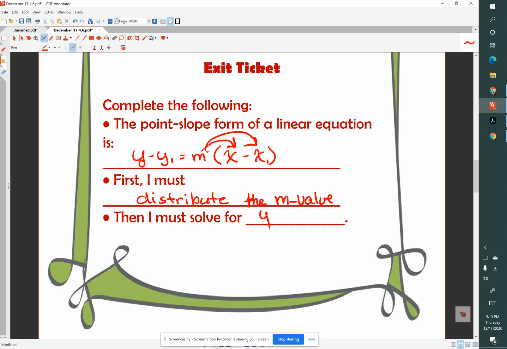And then I must solve for y. Okay, make sure you've memorized this.